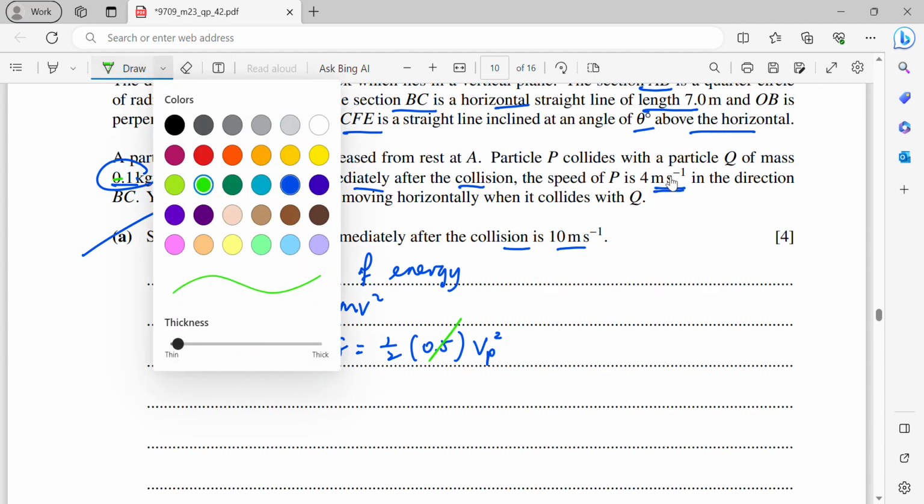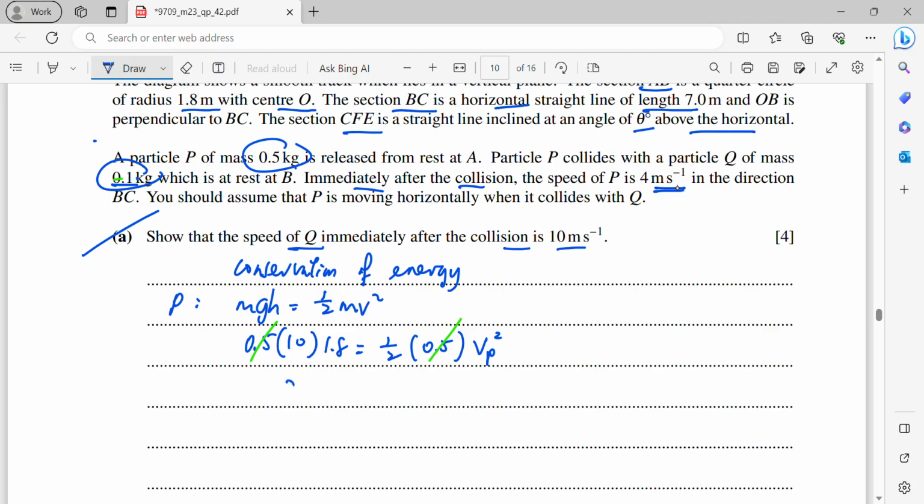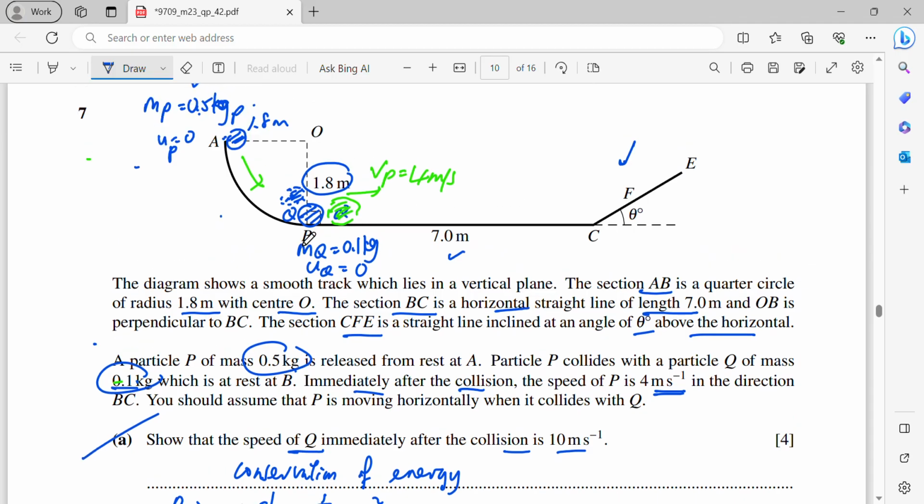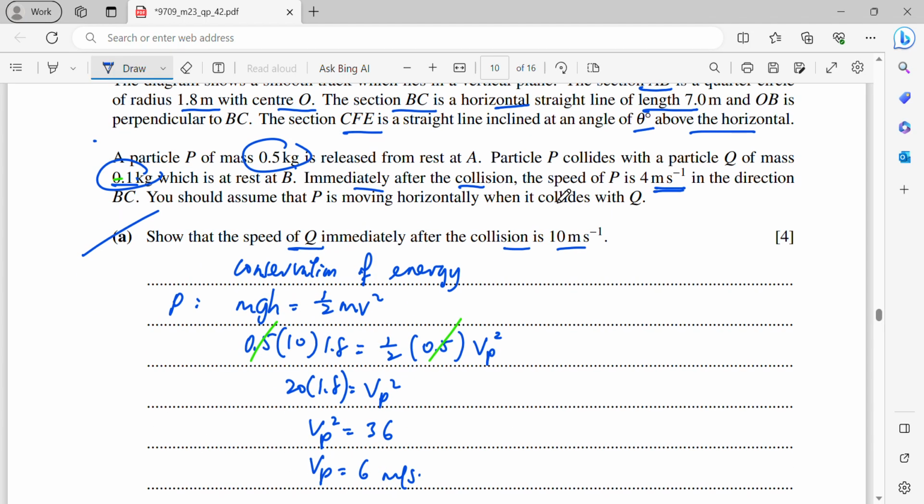Then 20 times 1.8 equals v_P squared. Therefore v_P squared is 36, and v_P is 6 meter per second. This means when it reaches B before it collides with particle Q, the speed is 6.